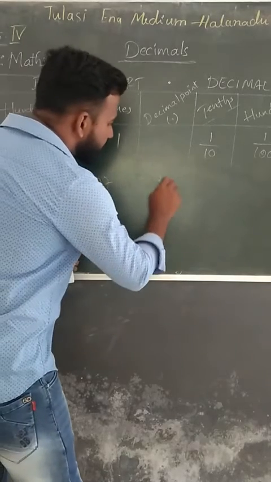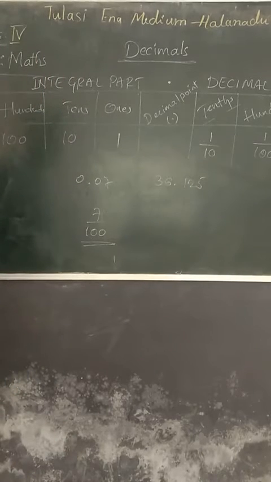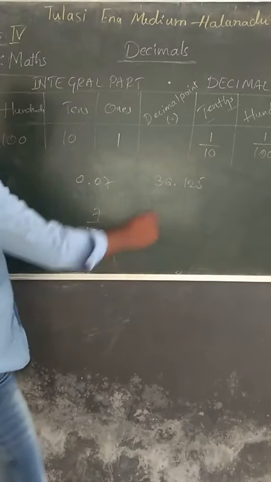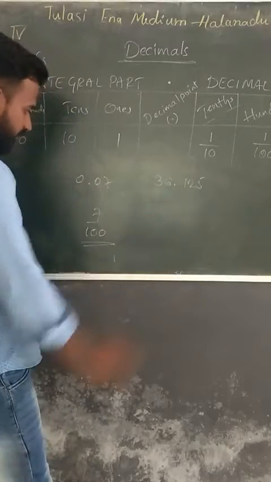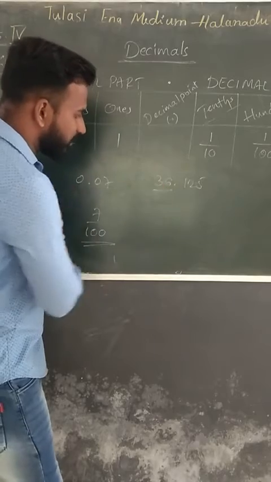36.125. Write as a decimal fraction. Obviously 36 is the whole number.